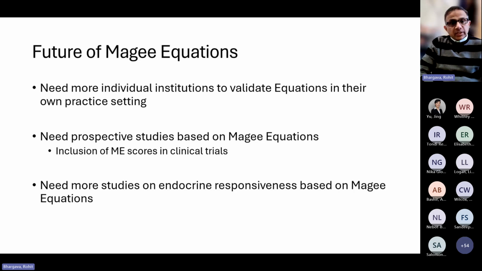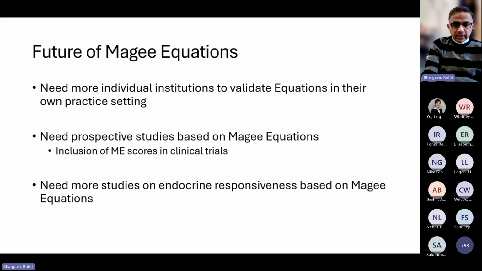We need more prospective studies because almost all the studies are retrospective, and inclusion of Magee equation scores in clinical trials will be very helpful to even compare when a new other molecular test comes out. Then they should be comparing with what's existing, and it would be good to compare with the Magee equations. And we need more studies on endocrine responsiveness based on Magee equations.